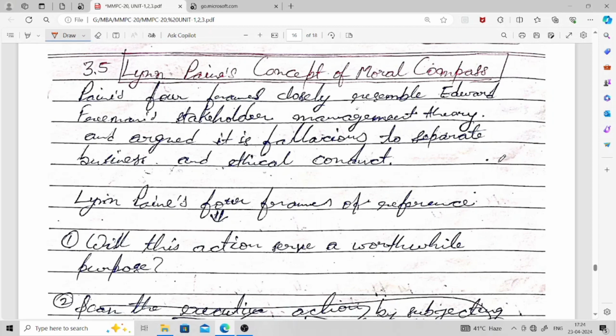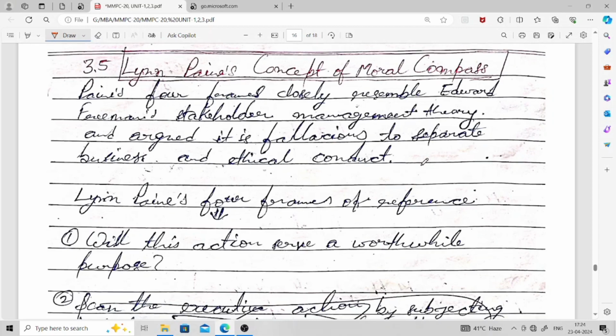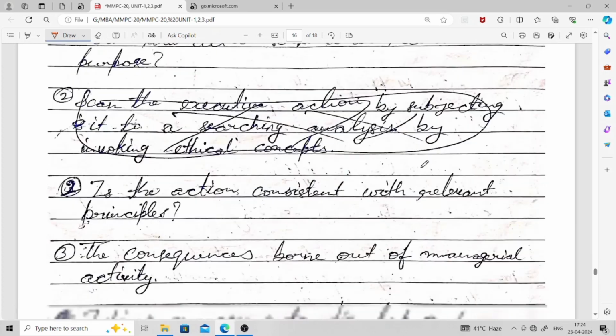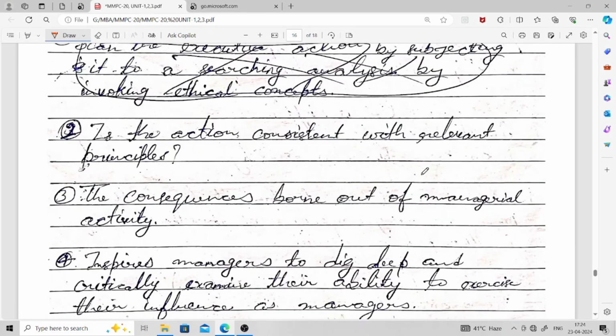Lynn Payne's four frames of reference are given here. The first is, will this action serve a worthwhile purpose? Whatever action the manager has to take, whether that is going to serve a worthwhile purpose should be considered. The second is, is the action consistent with the relevant principles, the principles which govern the firm?